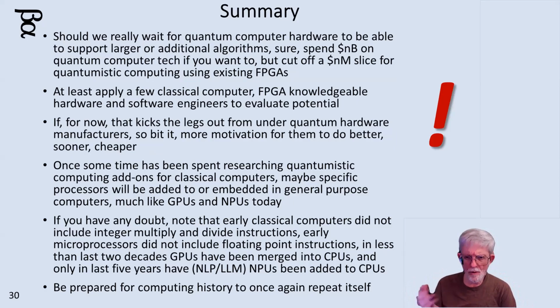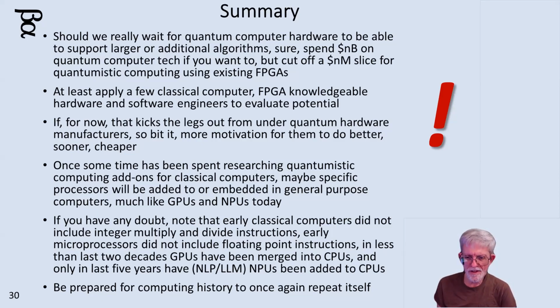Maybe assign a few gate array knowledgeable hardware and software engineers to evaluate at least the potential using a small gate array. If it turns out to be meaningful, and at least for the smaller numbers of essentially wide qubits, it kind of knocks the legs out from underneath the quantum hardware manufacturers, I say so be it.